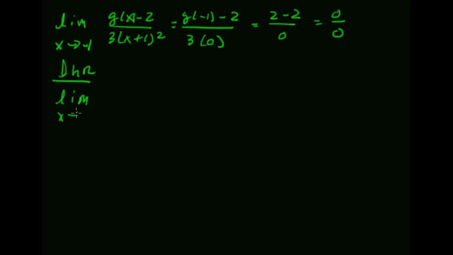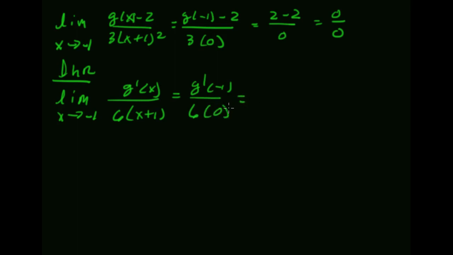When we take the derivative of the top, we're going to get g prime of x. When we take the derivative of the bottom, we're going to get 6 times x plus 1. G prime of negative 1 over 6 times 0 again. We know the derivative at negative 1 because that's going to be negative 1 squared minus 1/2 times 2, which again comes out as 1 minus 1, which is 0 over 0.